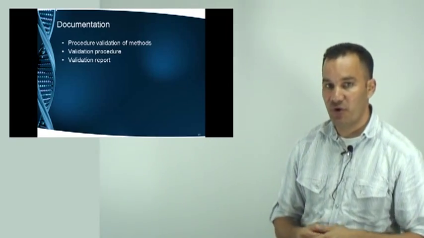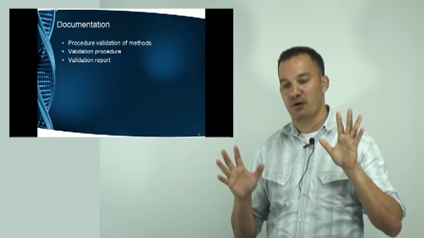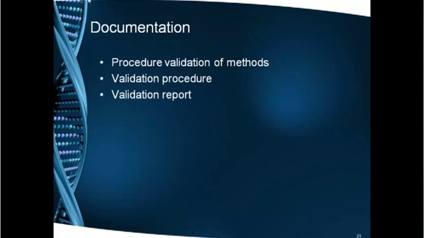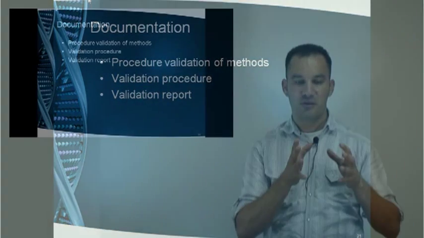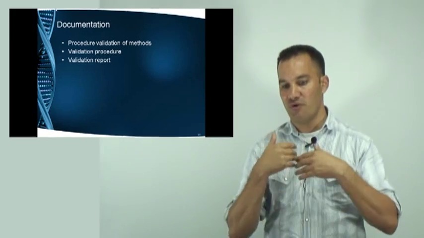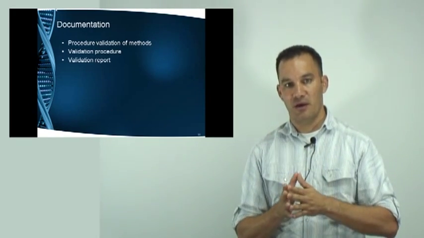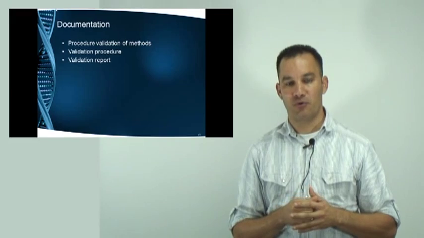Now, as I said before, we have done a lot of experiments now. You have to document it. You're very familiar already with that. Usually a laboratory has a procedure in which they describe how they validate methods, and based on that procedure, when they are implementing and validating a new method, they will write a validation procedure for that new method, for instance microalbumin.